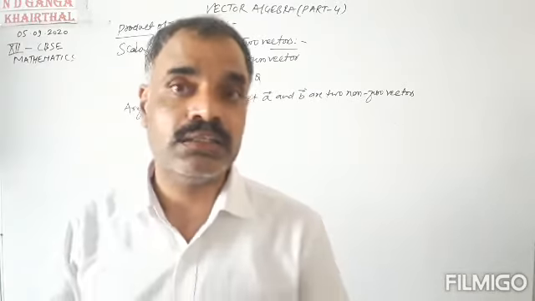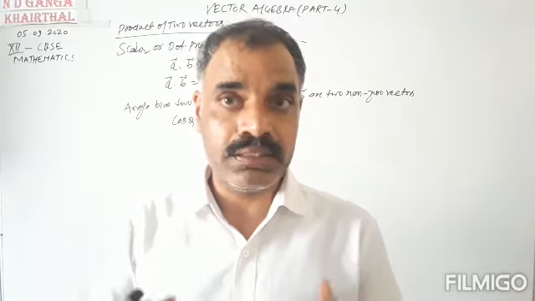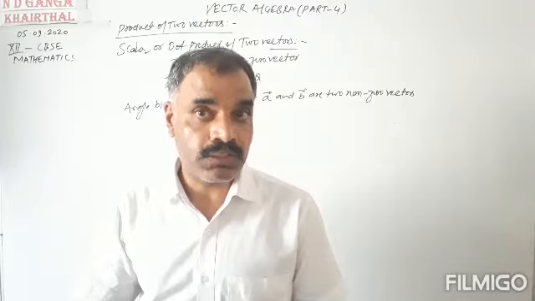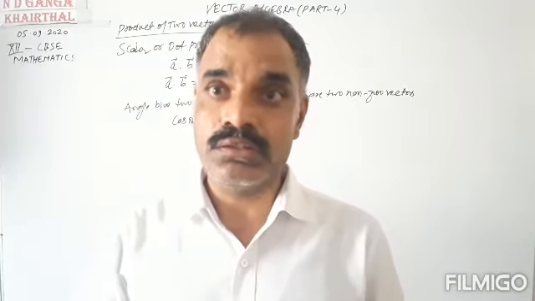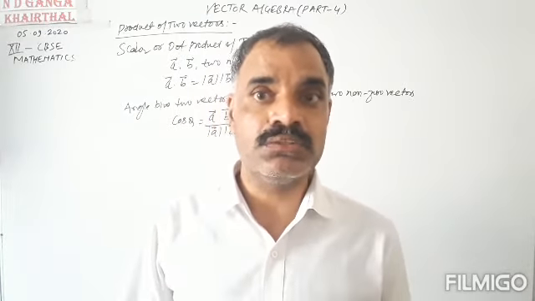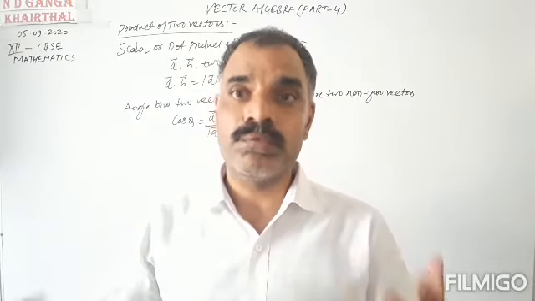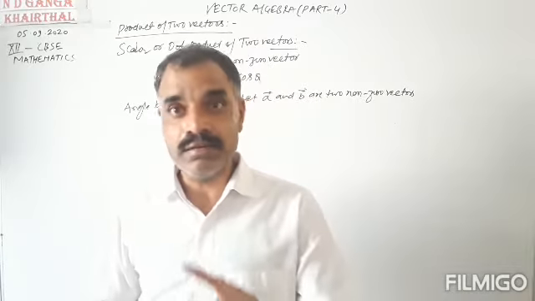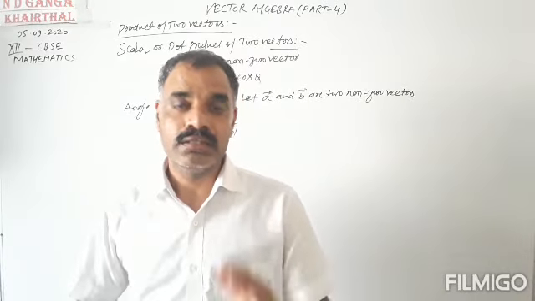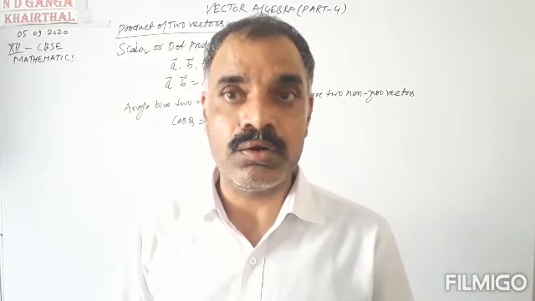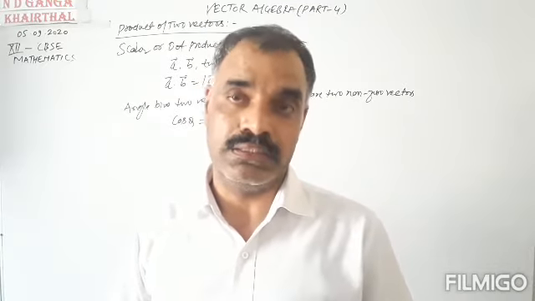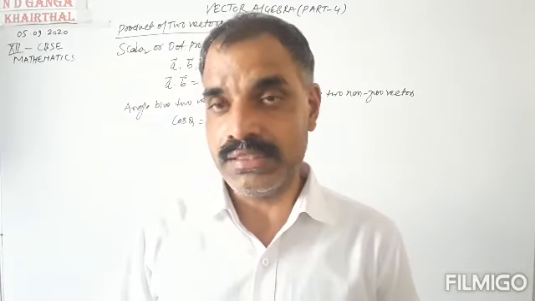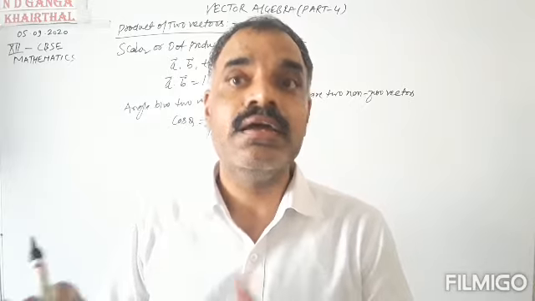We are talking about non-zero vectors because if either a vector equals 0 or b vector equals 0, or both are zero vectors, then the angle between them will not be defined. Theta will not be defined if either vector is a zero vector. That is why we are taking non-zero vectors a vector and b vector.